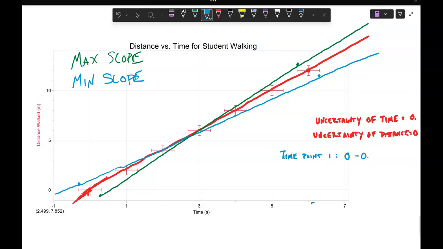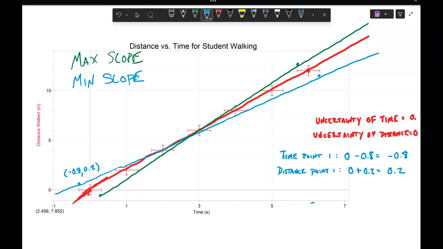So minus 0.8 gives us a coordinate value of negative 0.8. And then distance for point 1 gives us 0, the original coordinate, plus the uncertainty of distance, which was 0.2. So a 0.2 in the y-coordinate. So if we go over here, we can record that here. The coordinates for this point over here are negative 0.8, comma 0.2.